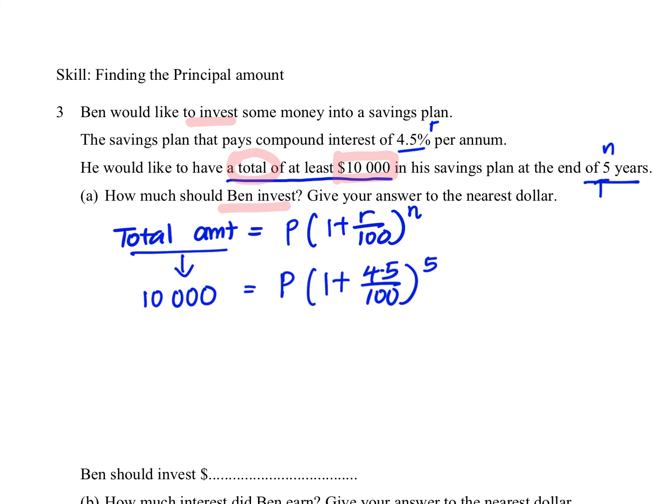We are able to calculate this whole thing using our calculator. So please calculate this number. $10,000, remember to write this down. You usually skip this step. So this number will be 1 plus 4.5 over 100, the whole thing in brackets to the power of 5.